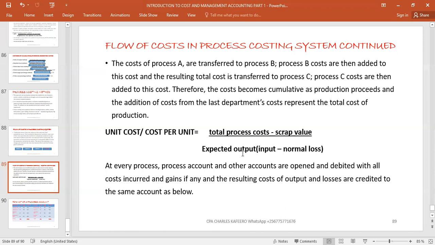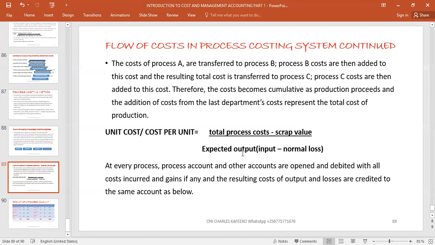But since we have not got that, it means we've incurred an abnormal loss of 1,000 units. And to your surprise, you may find that your expected output was supposed to be 9,000, if you had put in 10,000 units and the normal loss was 10%, which was 1,000.